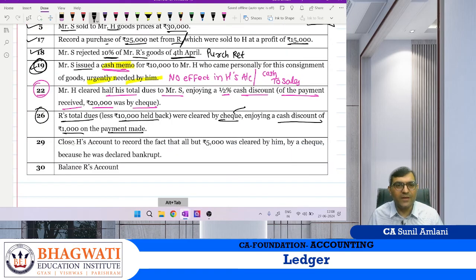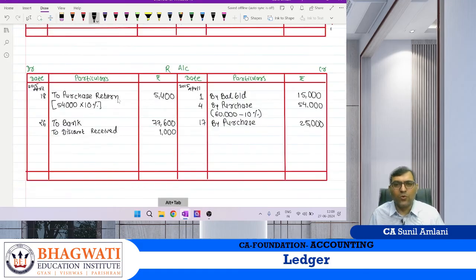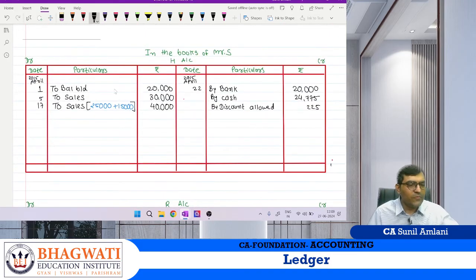Then close H account to record the fact that all but 5,000 was cleared by him by a check because he was declared bankrupt. Okay, so whatever balance is there in H account, everything is received by check, right? Only 5,000 is not received, and this 5,000 I will treat as what? Bad debts. Okay, so here H account 50% cleared, right?